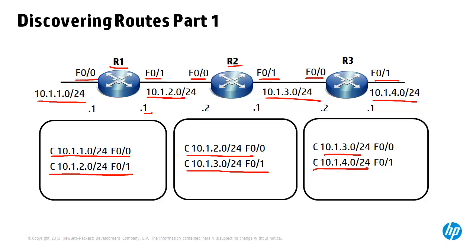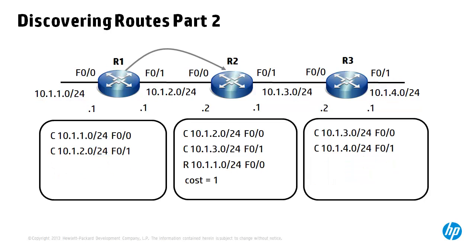RIP hasn't been enabled, but once RIP is enabled, hopefully the routers will learn about all of the routes in the topology. So now let's say RIP is enabled on router 1. Router 1 will then advertise network 10.1.10.0 to router 2. Router 2 will learn about the network and add it to its routing table.